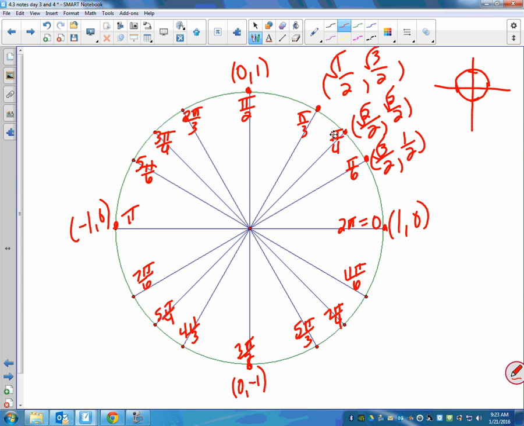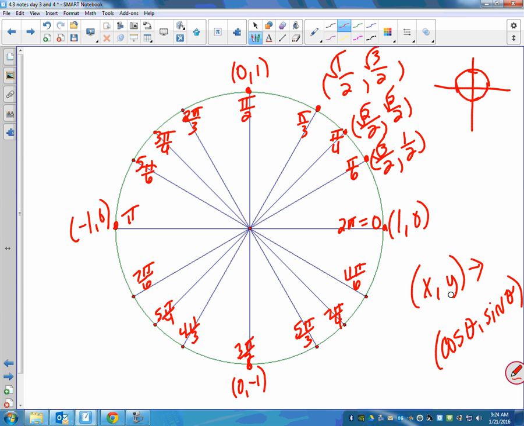But the reason it's so amazing is because if you're in the unit circle, then every x and y corresponds to the cosine and the sine of that angle, because we said that the cosine is just x now. So the x coordinate is just cosine.